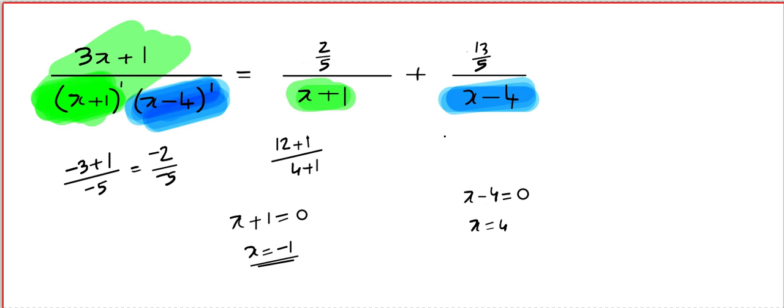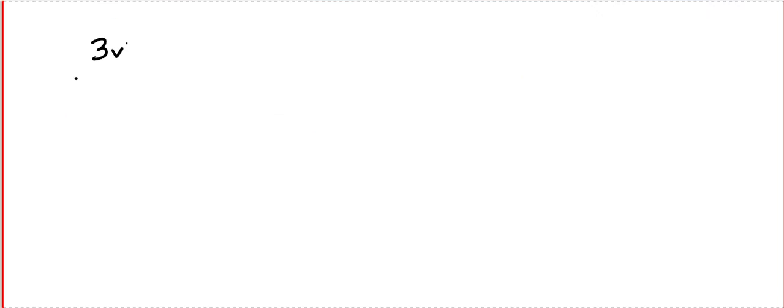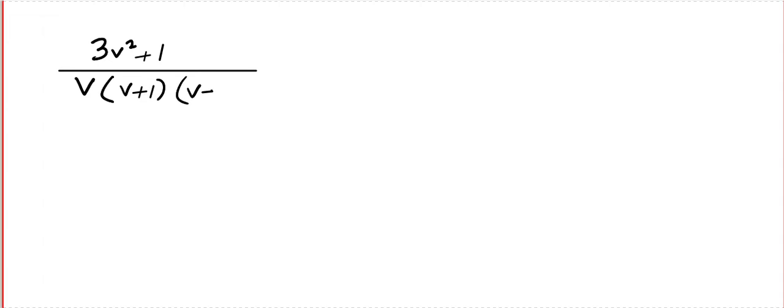Okay, I'll give you one more example. (3v square plus 1) by v into (v plus 1) into (v minus 2). So the conditions are correct. Degree of numerator is 2, degree of denominator is 3 because it's a cubic, there are 3 factors of power 1. So what should we do?